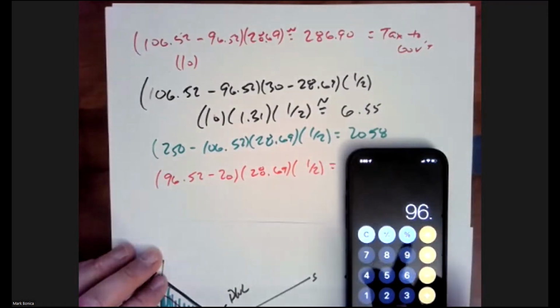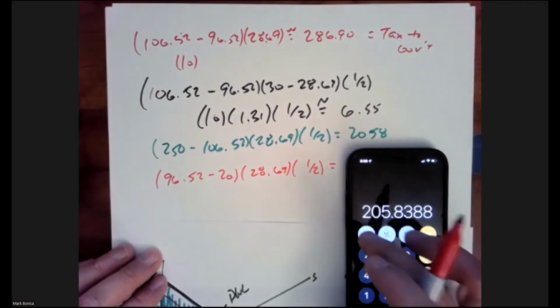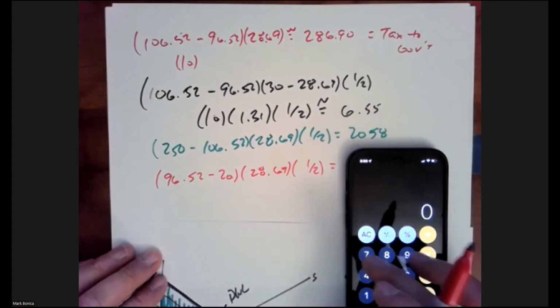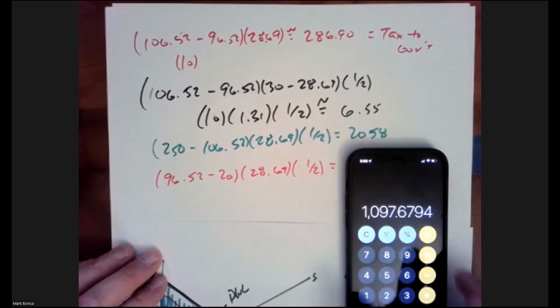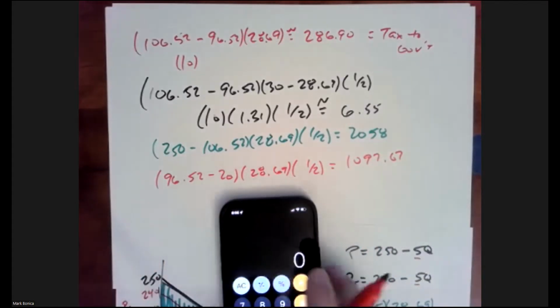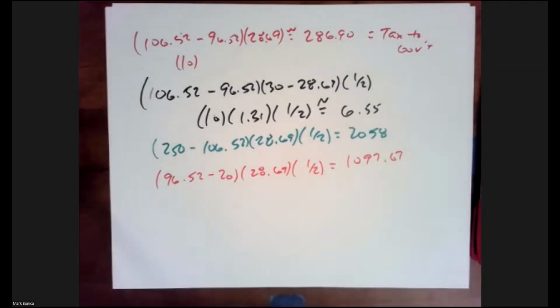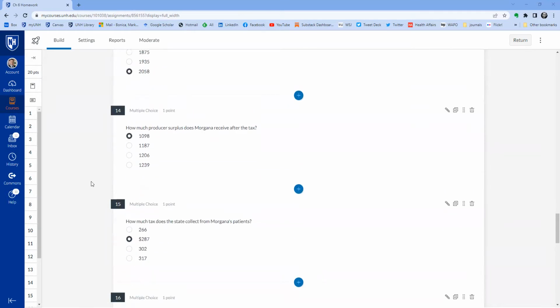So we get 76.52 times 28.69 divided by 2, 1097.67. All right. So 2058, 1098, we rounded up.